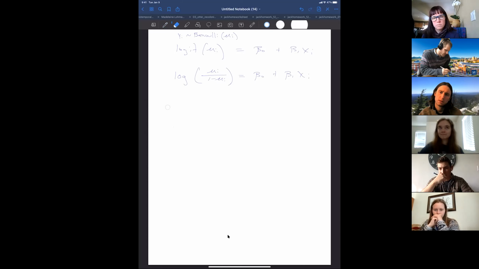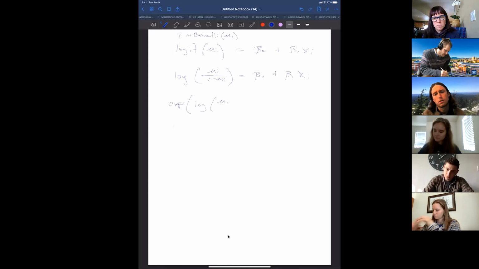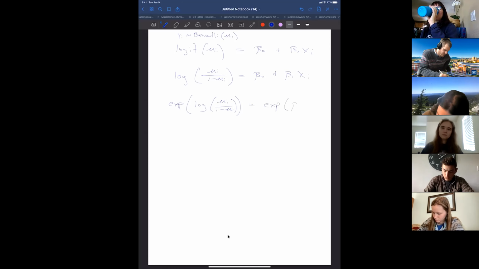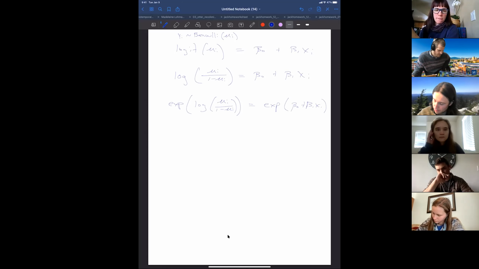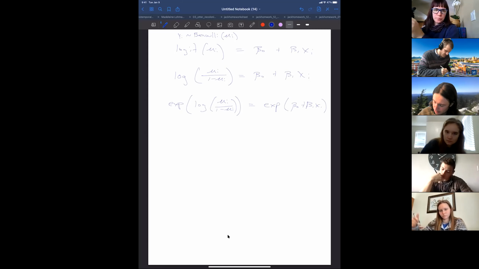So we take the exponent. I'm looking ahead at the algebra, and this is all true. We could do it this way. That'll just be a little trickier. So I'm going to do something else.